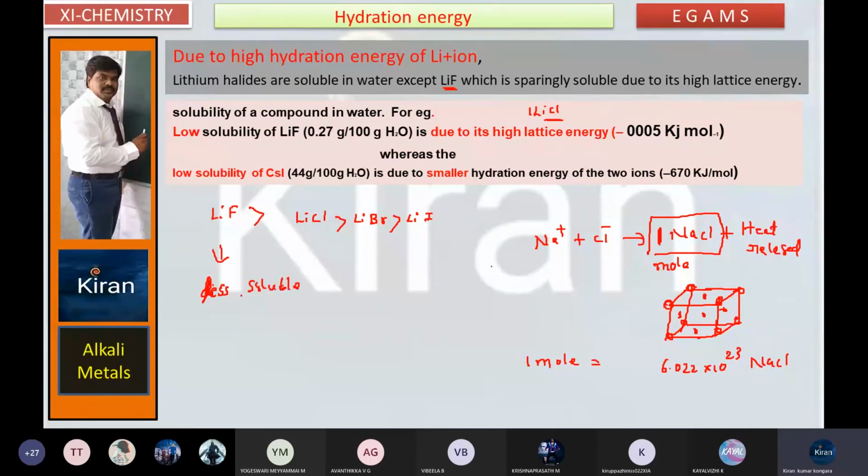So what do you observe here, students? The compound which has more lattice energy is less soluble. The compound which has high hydration energy is more soluble in water. This compound with high lattice energy is less soluble, but this compound with high hydration energy is more soluble.